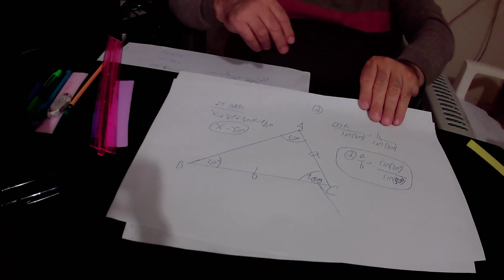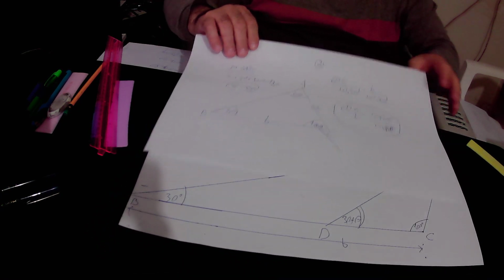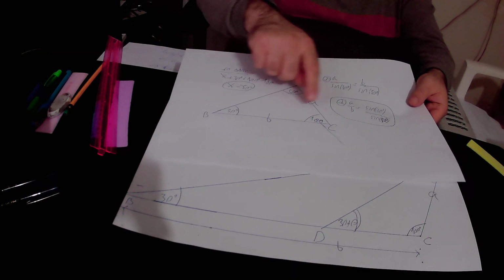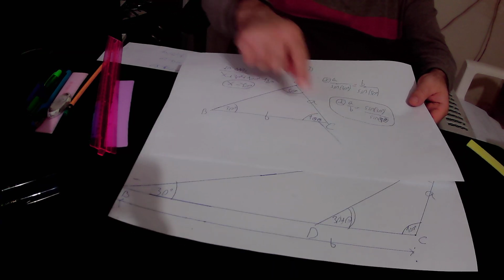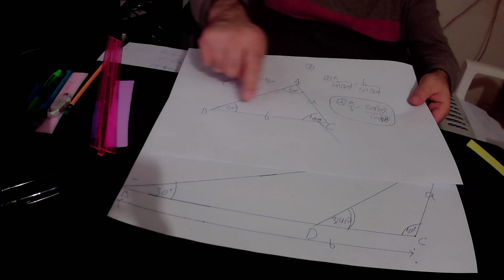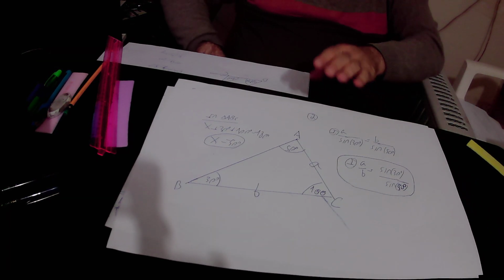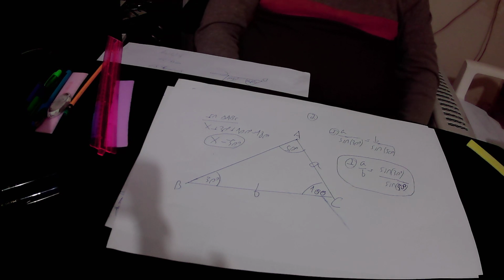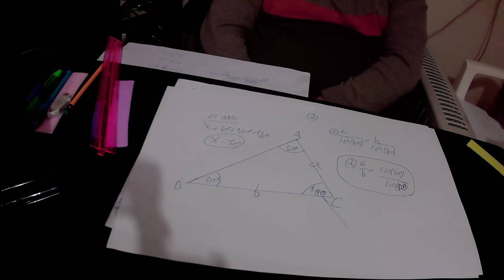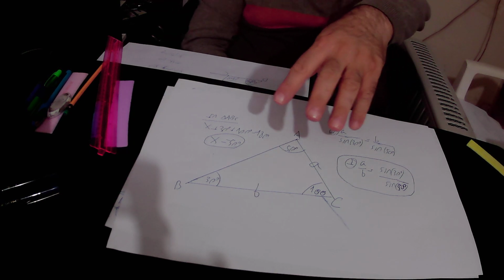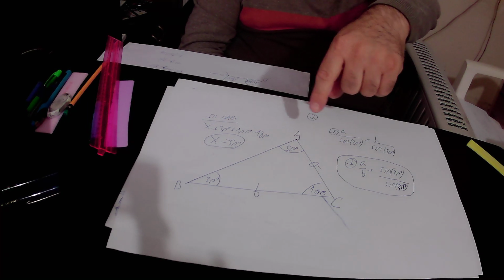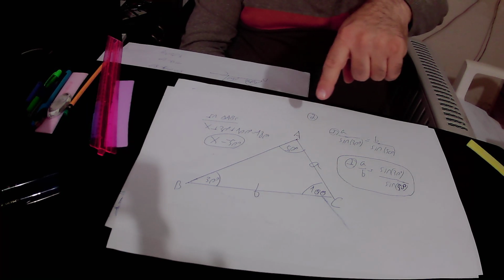It is given us in the question that angle ACB equals 100 degrees, angle ABC equals 30 degrees, and we know that the sum of the angles in any triangle is equal to 180 degrees. That is to say, the sum of the angles in triangle ABC must be equal to 180 degrees.